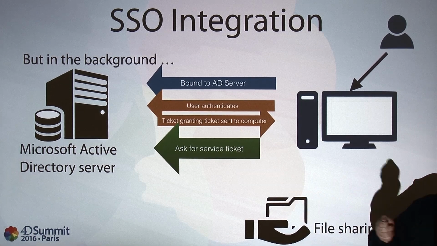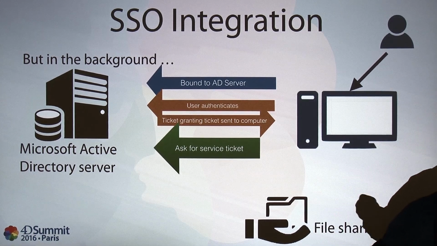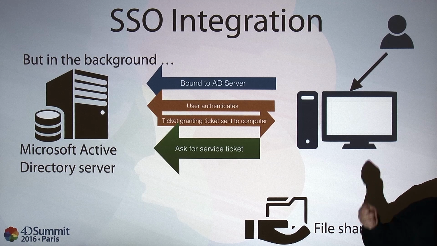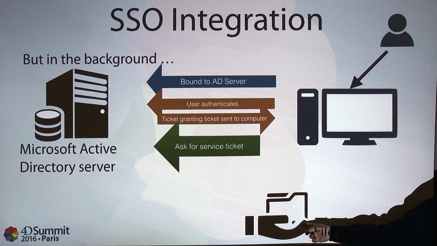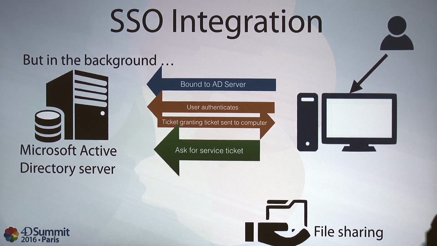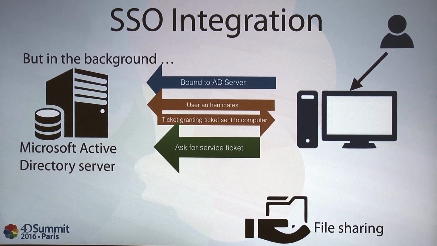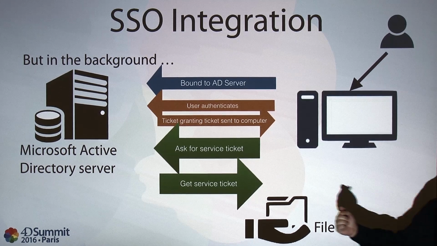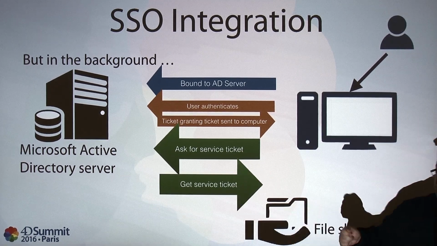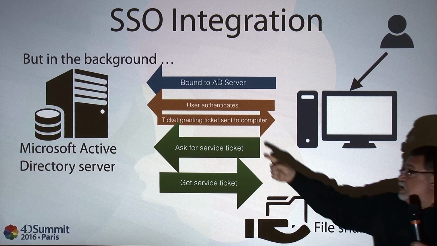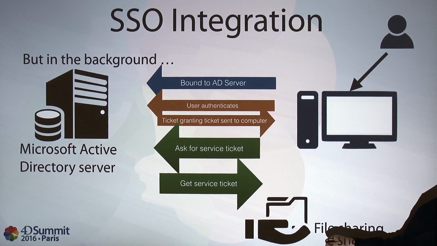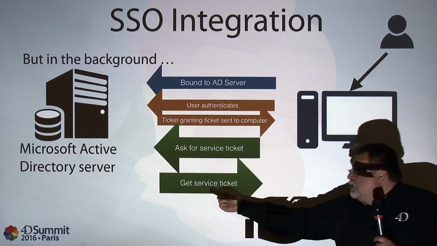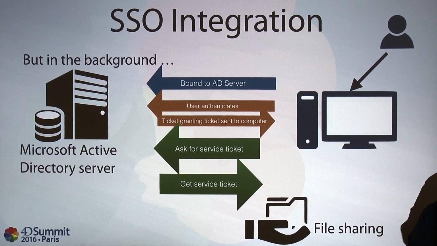So it says, okay, here is my passport, I am a valid member of the Active Directory domain. Please give me a visa for this country. So that's asking for a ticket, and based on that, Active Directory checks in its database: does Laurent have access to the file server? Yes, he does. It sends him back a ticket.